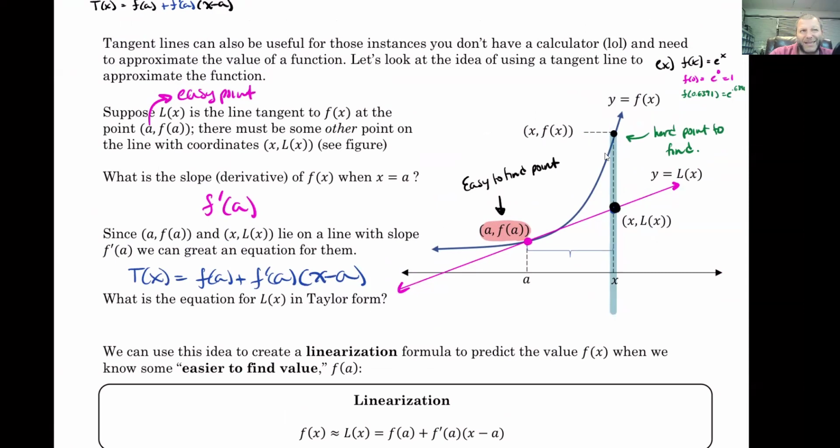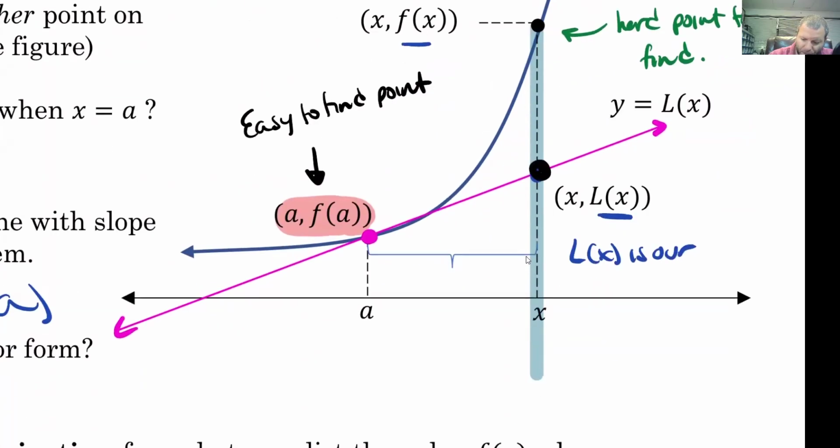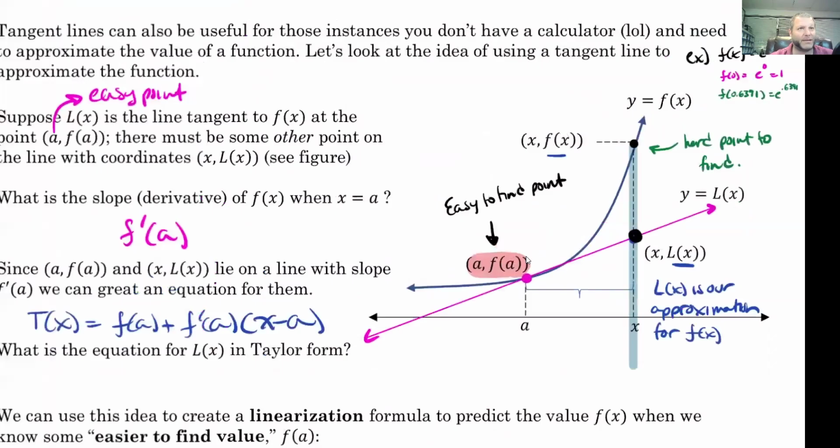So long as a couple of things happen that we're going to care about a little bit later, this value L of x is a pretty good approximation for that value f of x. So L of x is our approximation for the value f of x.